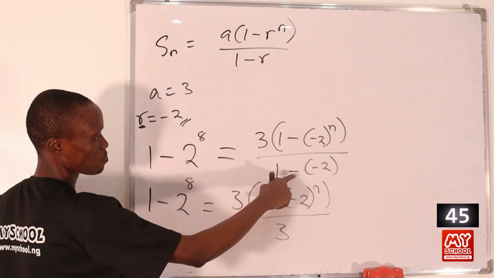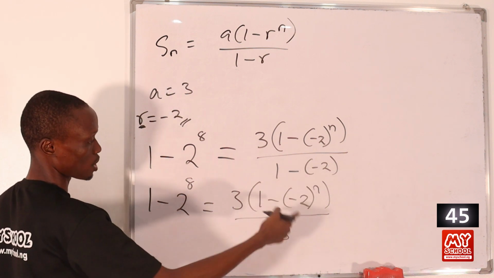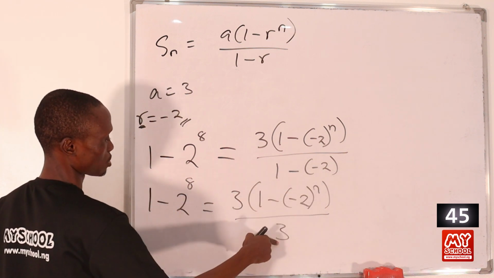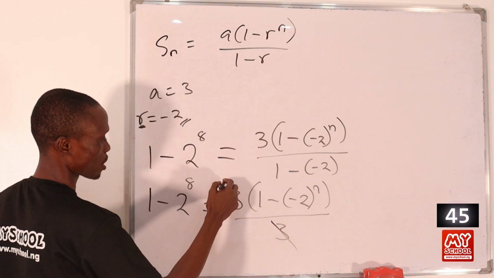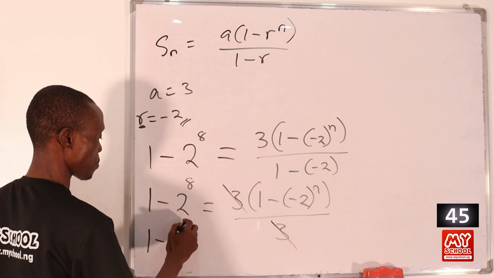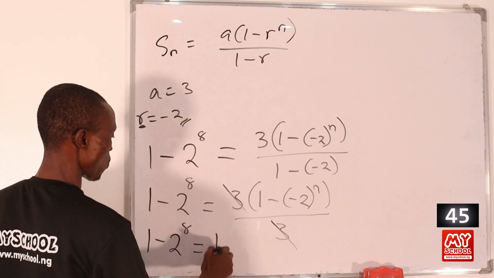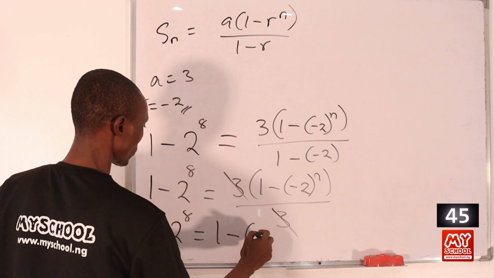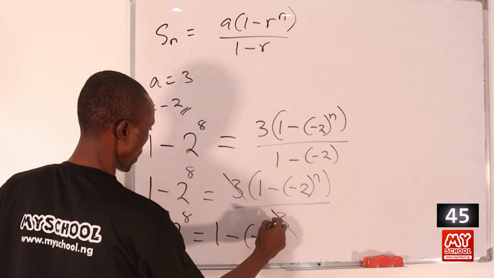The reason is because minus times minus is plus, so that 1 plus 2 is equals to 3. So 3 we cancel 3, so that at the end of the day we now have 1 minus 2 raised to power 8 is equals to 1 minus 2 raised to power n.